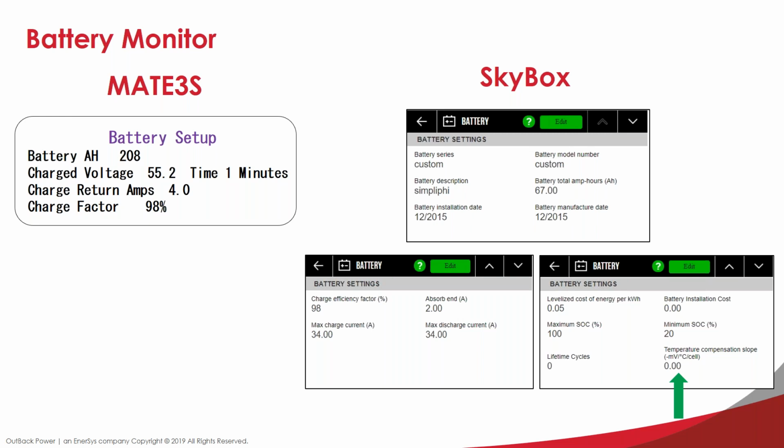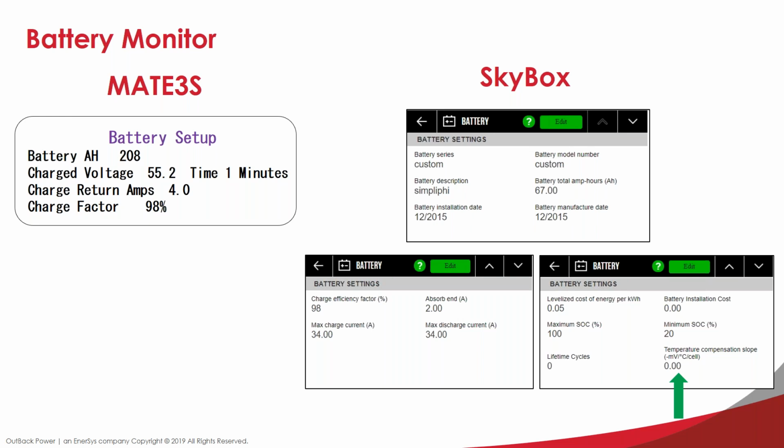So 69 for a Phi 3.5, and then times however many batteries you have in parallel for your system. Charge voltage 55.2, pulled from our integration guide, and time 1 minute. Charge return amps 4, and charge factor, that's the charge efficiency that I pointed out earlier, so 98%. We'll pull most of these right from the spec sheet.